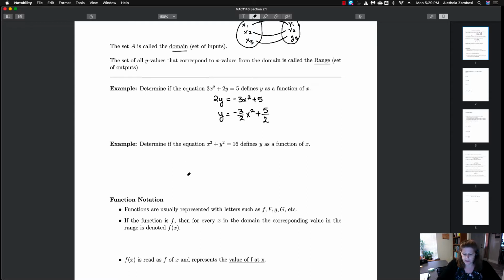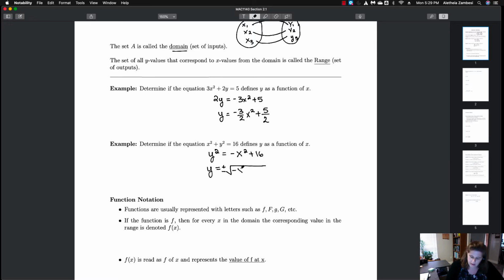If we want to determine if the equation x squared plus y squared is equal to 16 defines y as a function of x, same process applies. Isolate y on one side. So subtracting x squared from both sides results in y squared equals negative x squared plus 16. In order to isolate y, I'd have to take the square root. So taking the square root gives me y on one side. On the other side, anytime you take a square root of a variable, you get a plus or minus case.